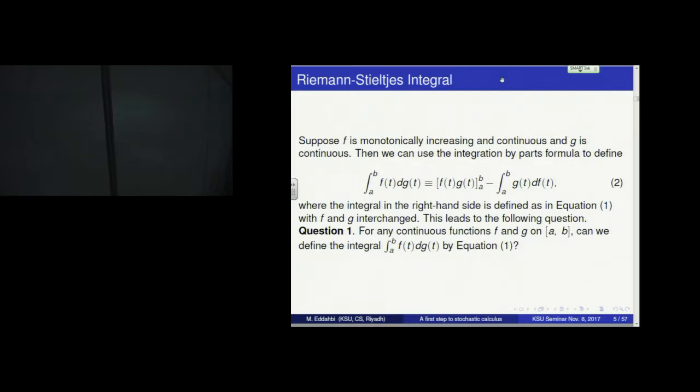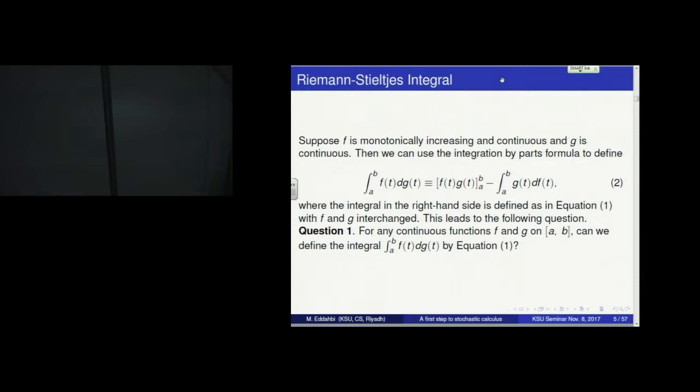So now f is of finite variation, or bounded variation, and g is continuous. To define this, I put the formula saying that the integration by parts holds true.